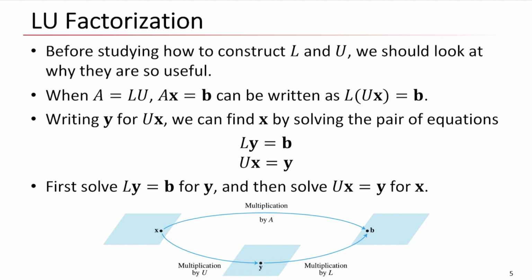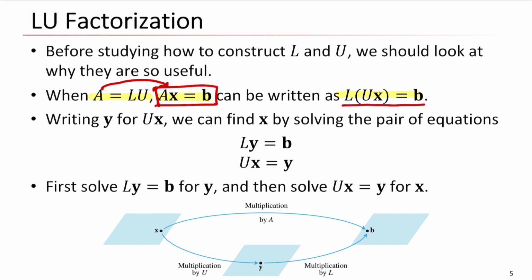When A is equal to L times U, the matrix equation Ax equals b can be written as L times Ux equals b, by just replacing A with LU.